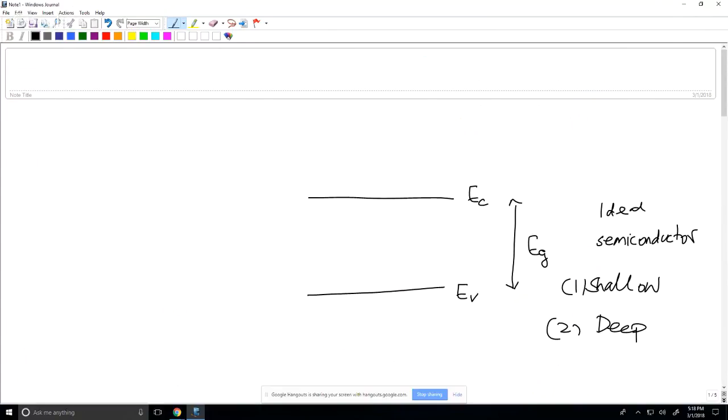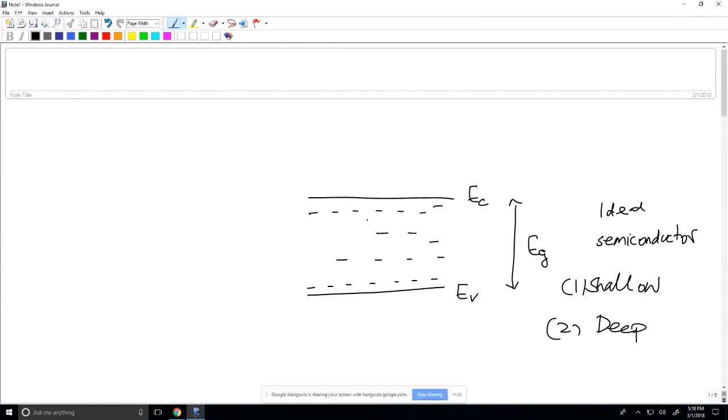Just from the name, shallow states are states that are usually close to the band edges. Think of your dopants. Dopants usually form shallow states. Deep states are those that are further away from the band edges, much closer to the center of the gap. The presence of these defects will also affect conductivity.